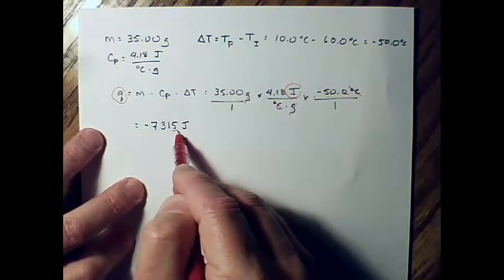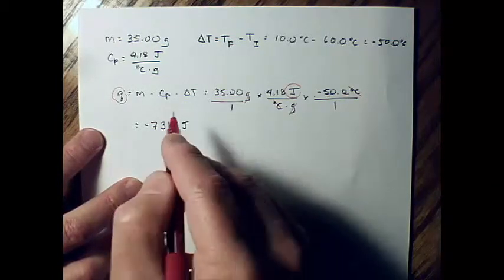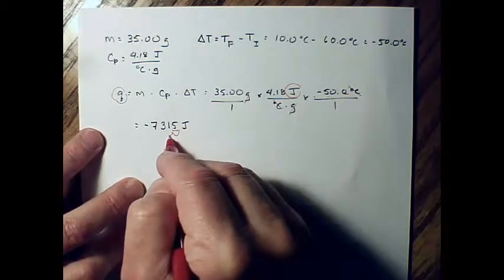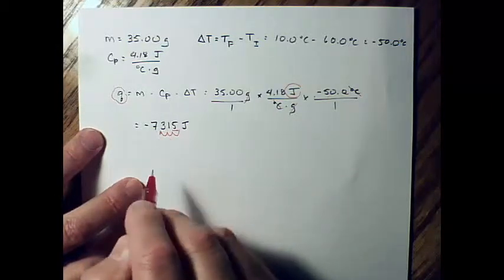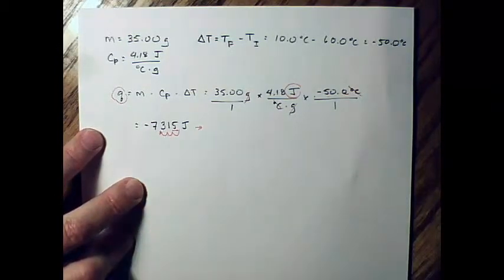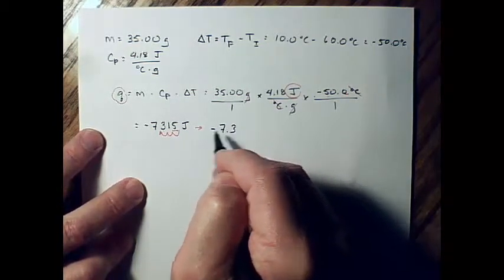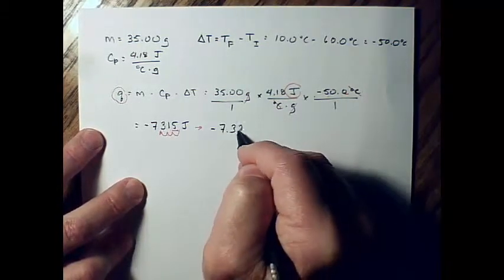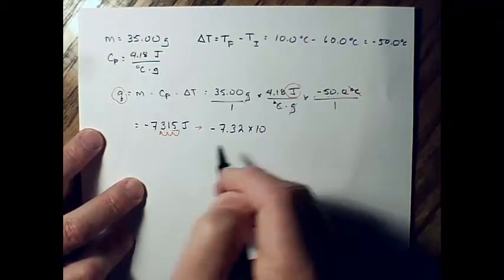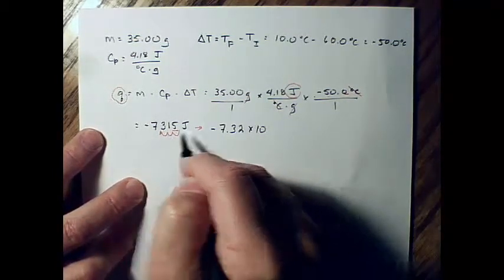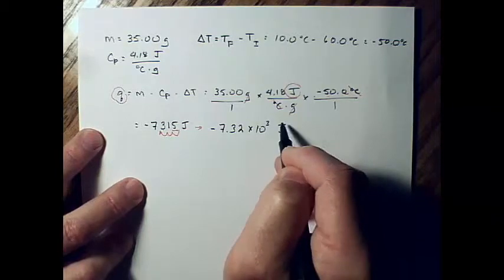We've got to round off to 5. Since we're rounding off a number in the ones place, we're going to move the decimal place 1, 2, 3 places to write it in scientific notation. And we get negative 7.3, the 5 makes the 1 a 2, times 10 to the third joules, since we moved the decimal place 3 places.